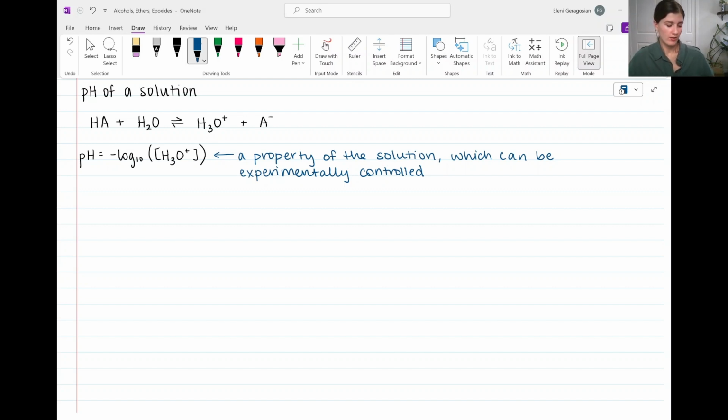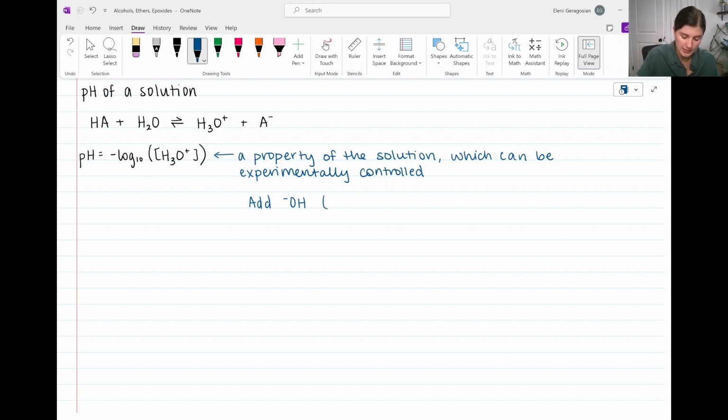So if we're trying to increase a pH, now increasing a pH means we're becoming more basic, we can add a base to increase the concentration of OH ions, decreasing the concentration of H3O plus, and that raises the pH of the solution.